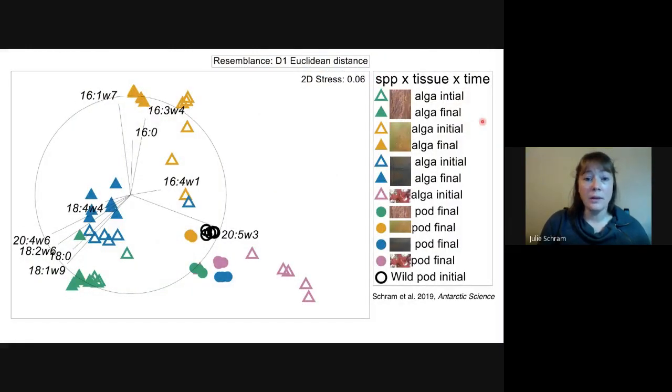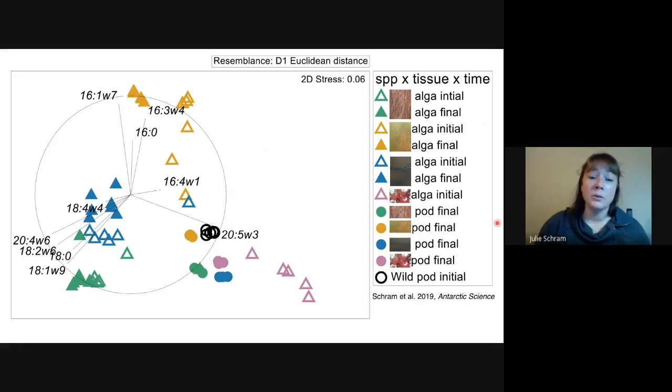So here on this NMDS plot, I have the data. Each of these symbols represents one replicate, and that replicate is a multivariate point, so it's made up of all of the fatty acid methyl esters or fatty acids that I was able to identify in each sample.